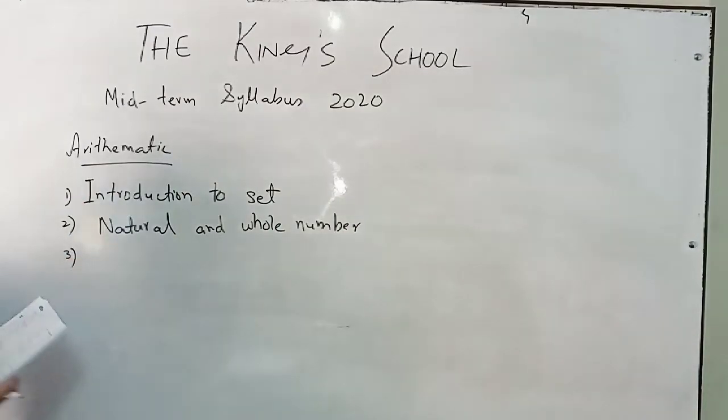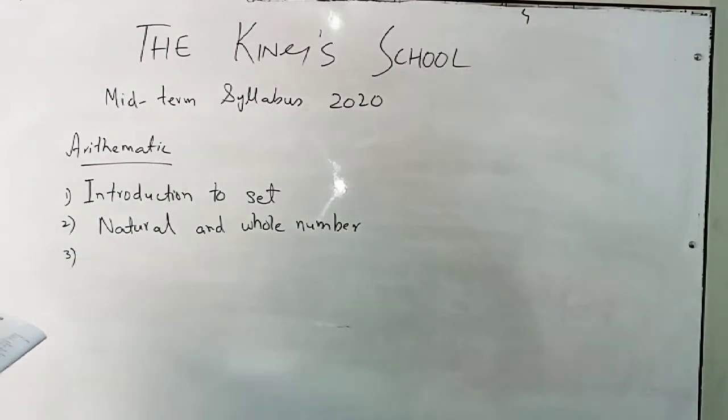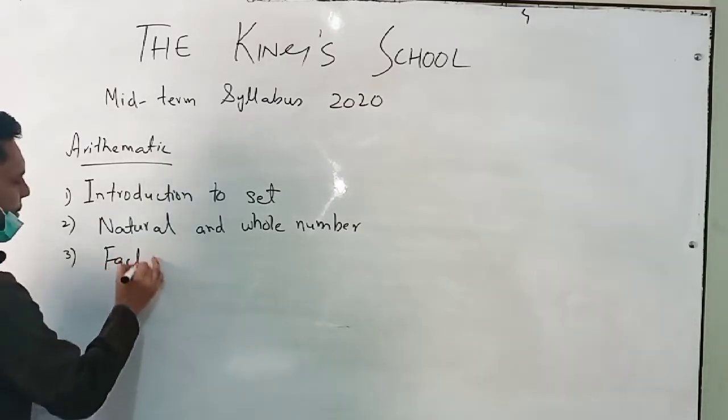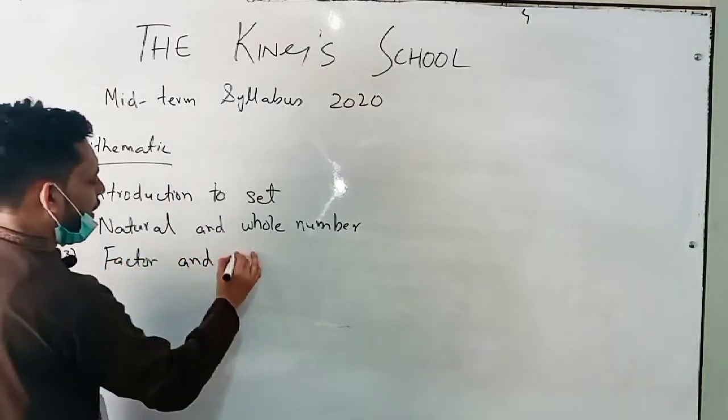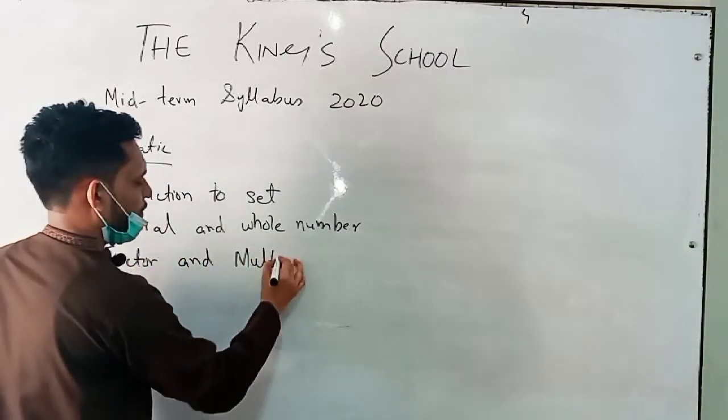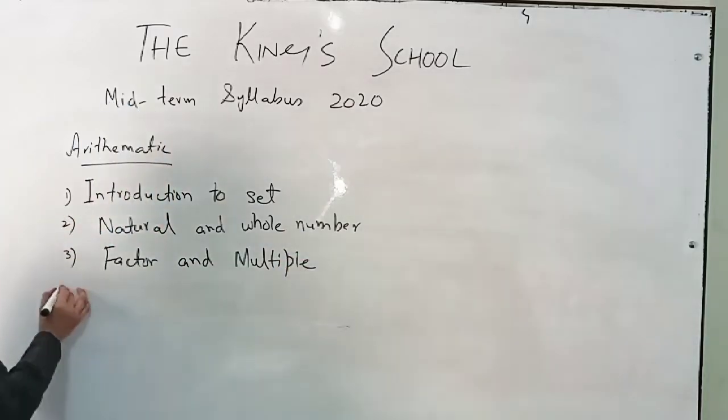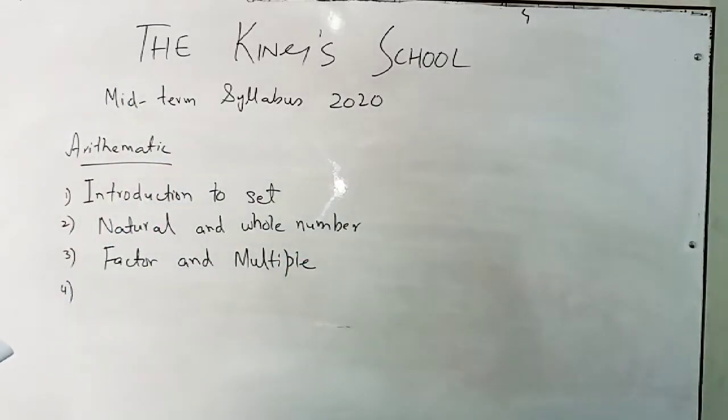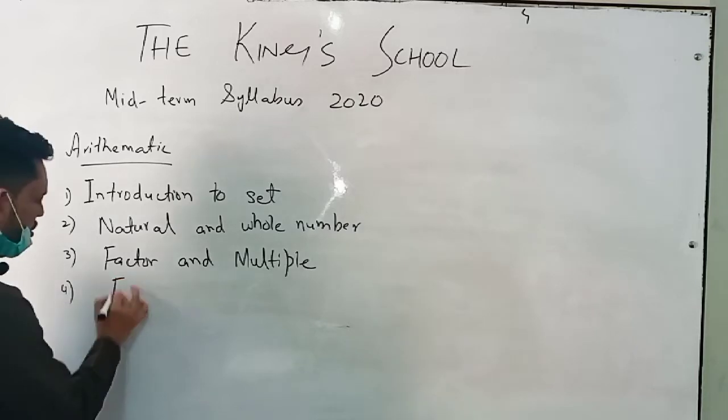The third chapter in arithmetic is Factor and Multiplier. The fourth chapter is Factorization.